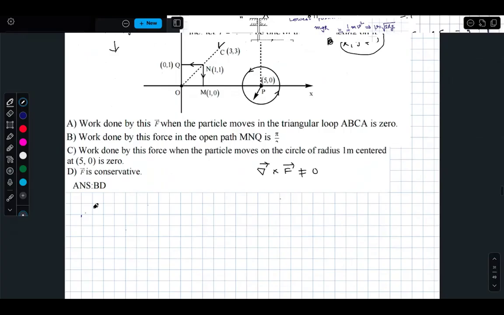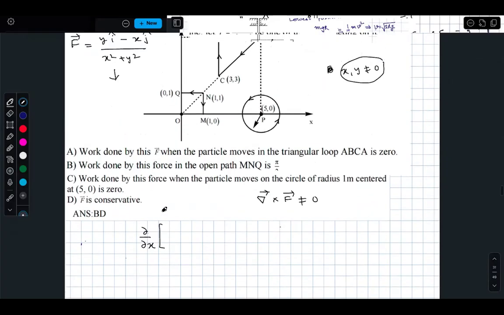If you don't believe me, dou by dou x of the j cap term, minus x by x square plus y square, minus dou by dou y of the y by x square plus y square term.